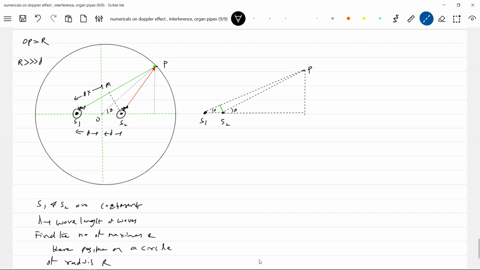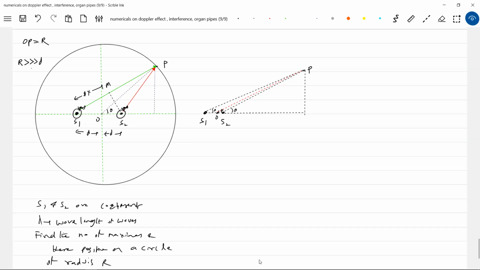That is the angle made by the midpoint also. All three should subtend the same angle, because R is very much greater than D.